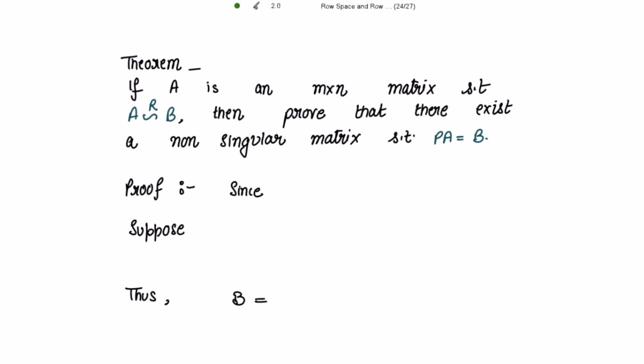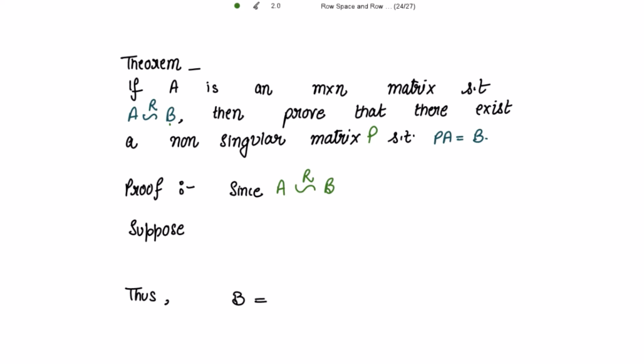First theorem: if A is an m by n matrix such that B is obtained from A by applying a row operation R, then prove that there exists a non-singular matrix P such that PA is equal to B. So for the proof, since it is given that B is obtained from A by applying row operations, suppose we have applied a few row operations.